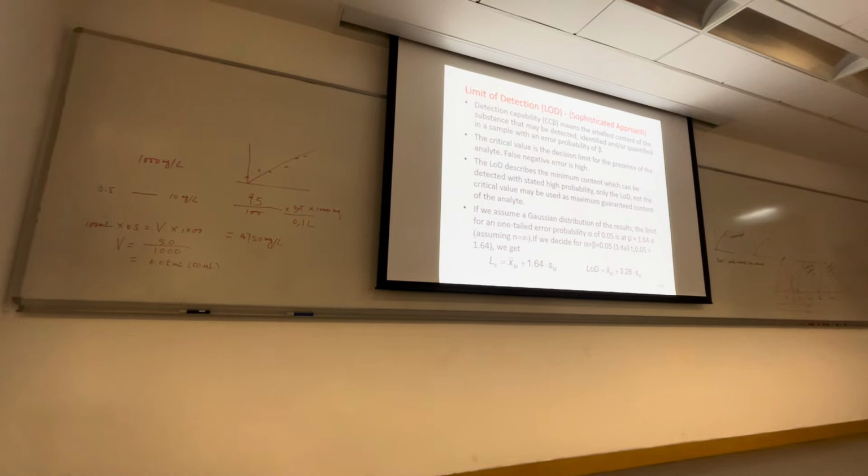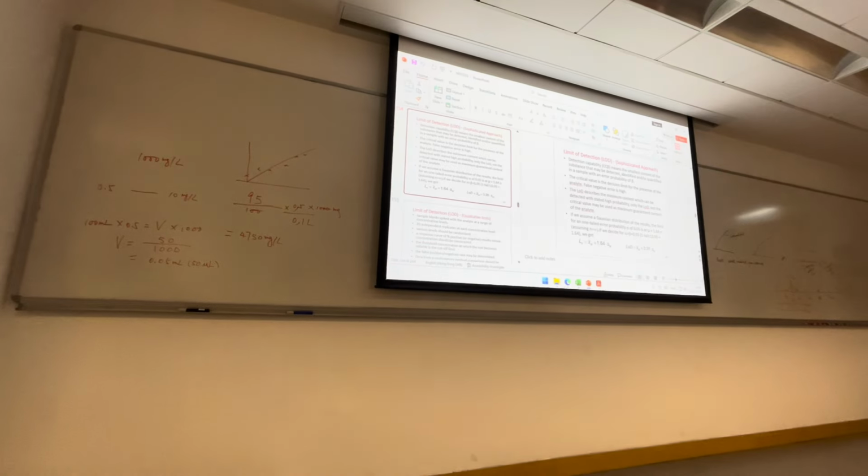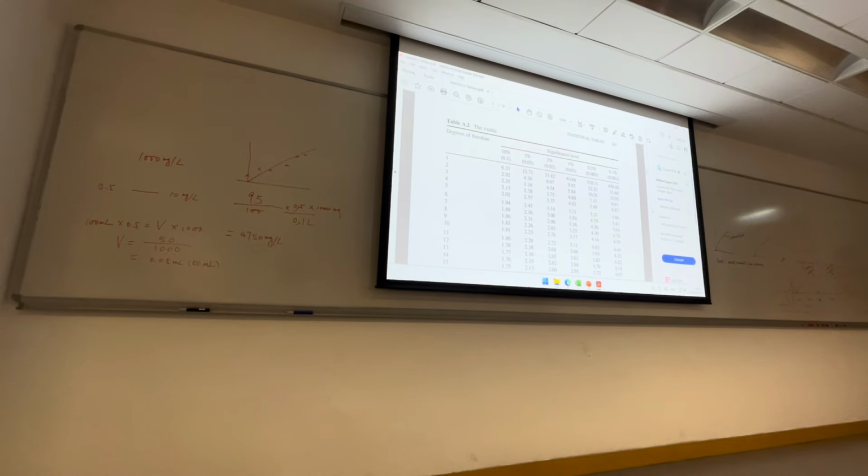This decision limit is just 1.64. When you look at the T table, 1.64, 5, that means 10. Where is 1.64?